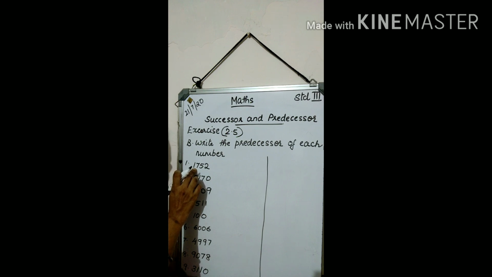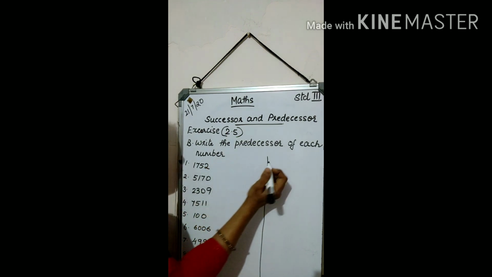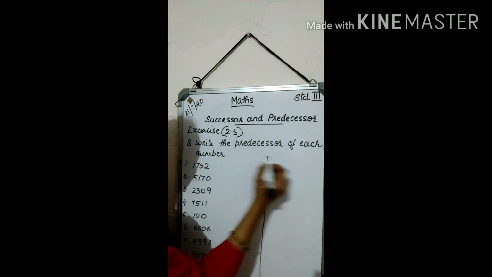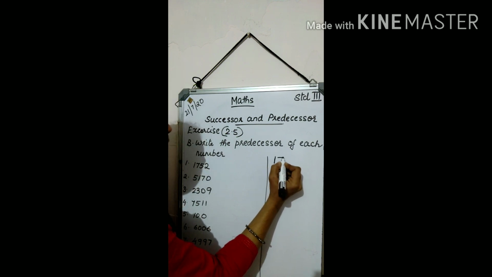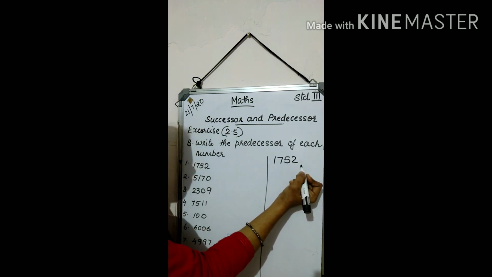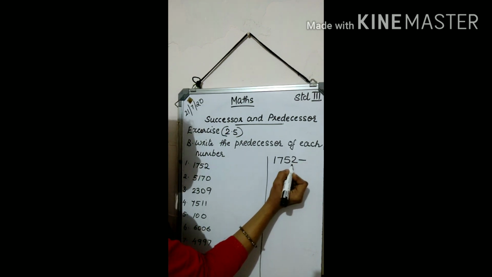Look at the number 1752. Look here to find the predecessor of this number. First you have to write down this number, 1752. Then subtract 1 from this number.